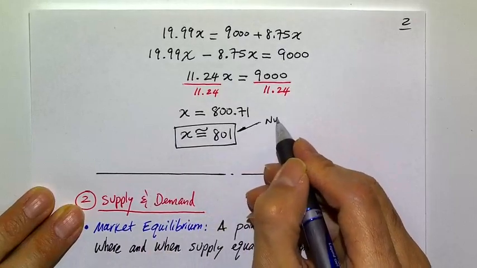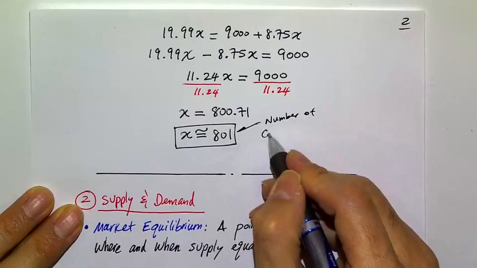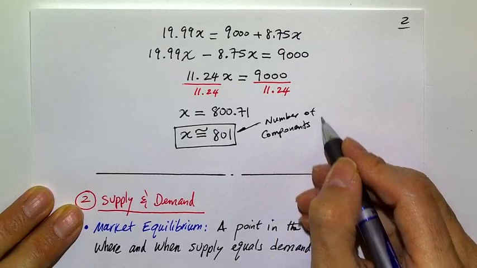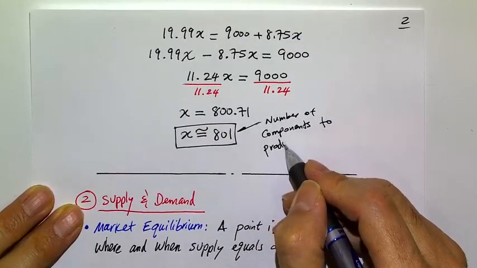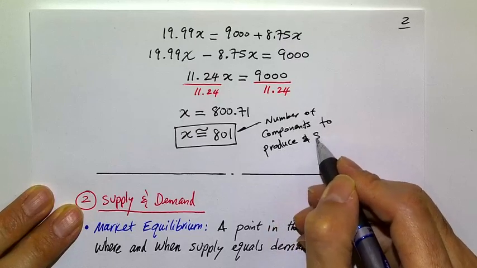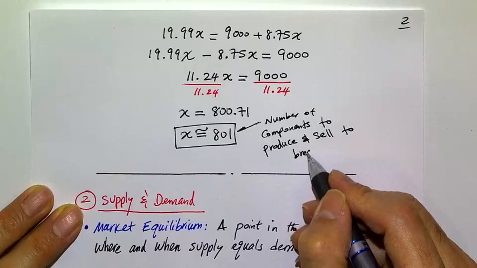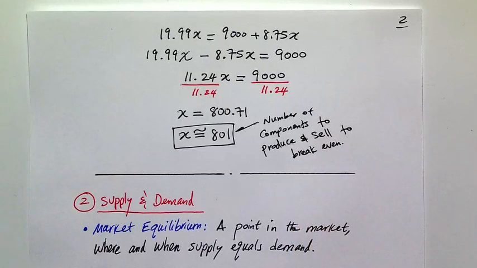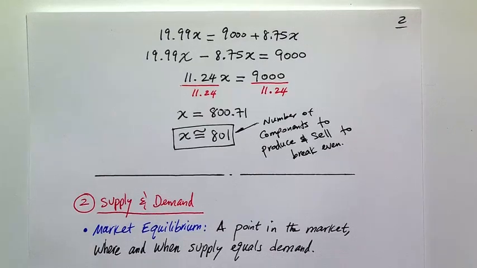So this is the number of components to produce and sell to break even. Okay. All right. I hope this answer agrees with what you wrote down on your own paper.